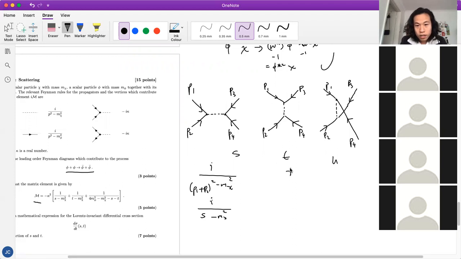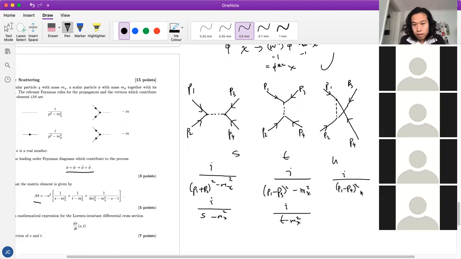Similarly, this one is i over (P1 minus P3) squared minus m chi squared, that's i over t minus m chi squared. Whereas for this one, it's (P1 minus P4) squared minus m chi squared, so i over u minus m chi squared.